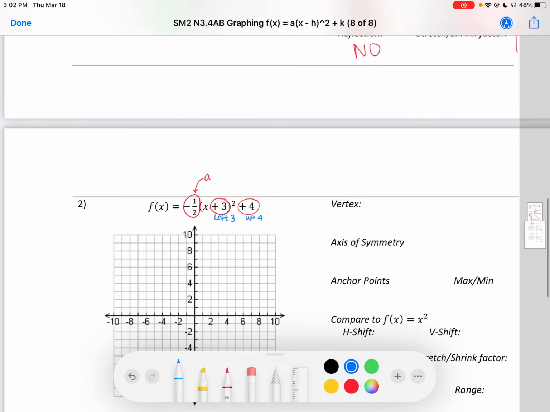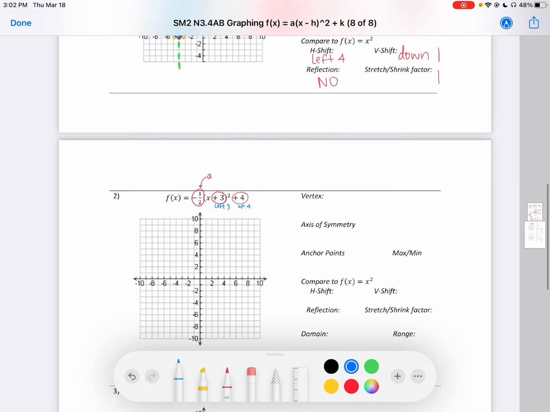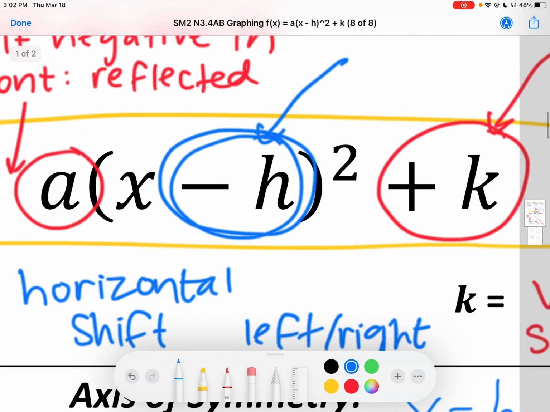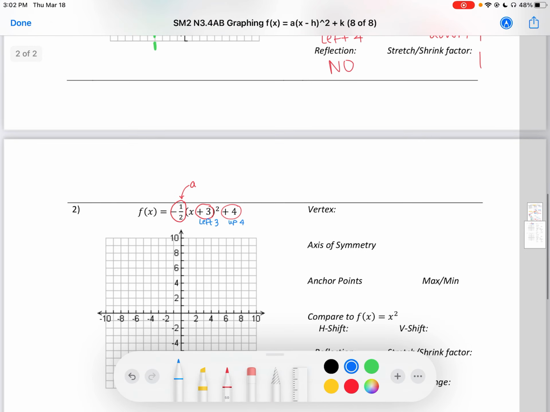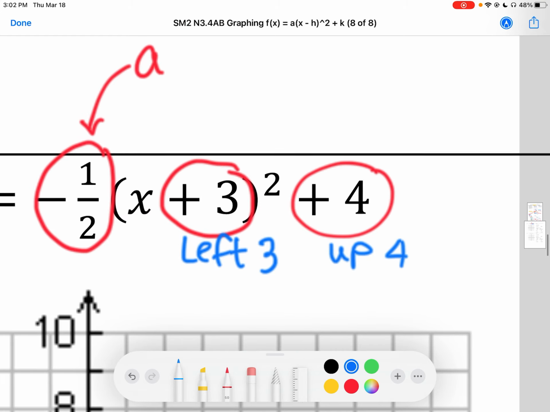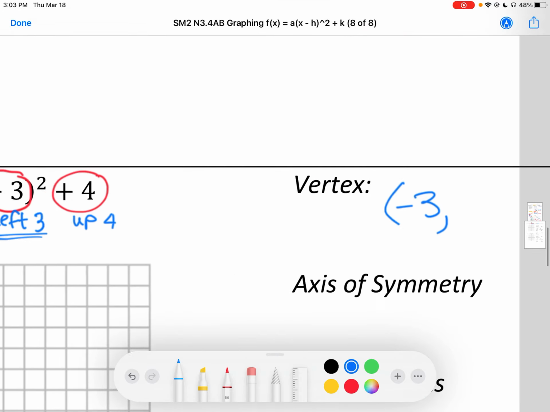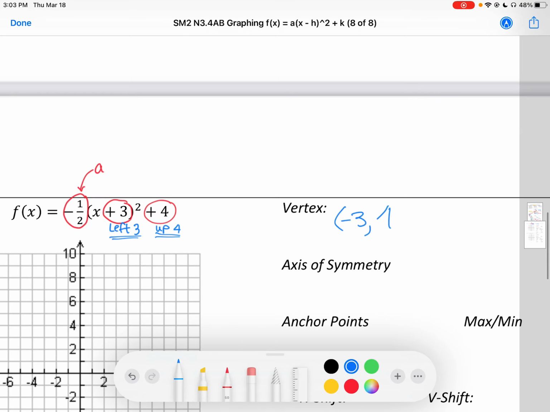Okay? All right, so what's the vertex? Well, remember, our vertex is (h, k), but we have to take the opposite sign of whatever we see in here for the x value. So since this is +3, that means I went left 3. So my vertex is actually going to have a -3 right here. And then I went up 4, so I'm going to have a 4.